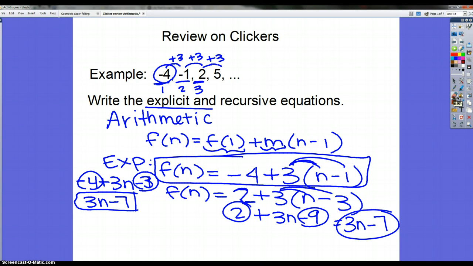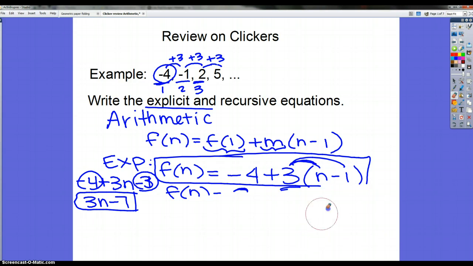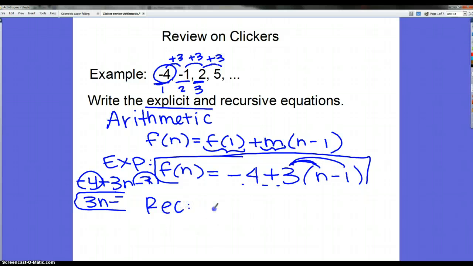Okay, and then we're going to write out the recursive form. So we'll have recursive, so f of n, our previous term is f of n minus 1, and then it's adding 3 every time. So that's recursive.